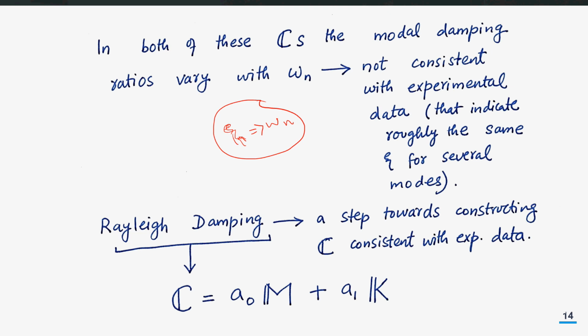So as a step towards constructing a C matrix which is consistent with experimental data, we will now see Rayleigh damping, which is basically the sum of mass proportional damping and stiffness proportional damping. So in this formulation, the C matrix, the big C matrix, is constructed by multiplying A naught, a constant coefficient, with the mass matrix plus another coefficient multiplied with the stiffness matrix.